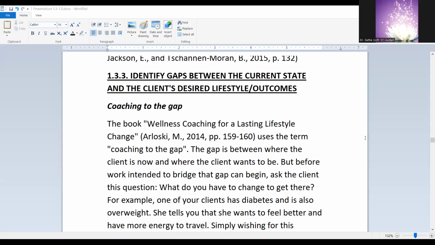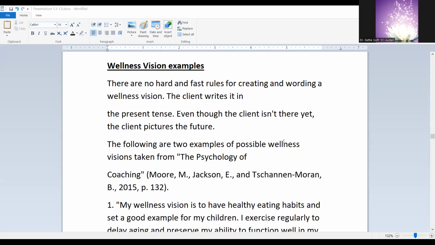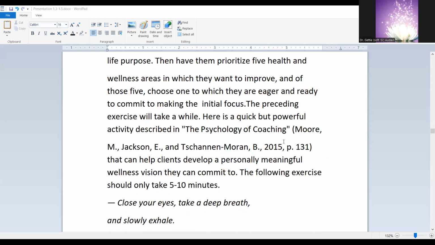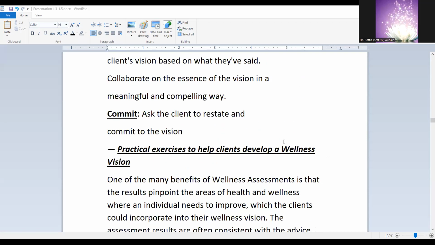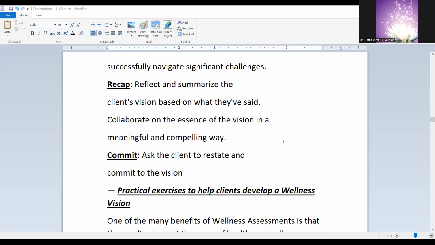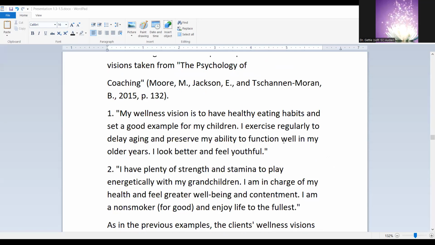I have a question. When I'm looking at 1.3.2, explore the client's vision, wellness protocol, for me, these are just topics, right? This is basically you walking the client through seeing their future, but these are just topics.